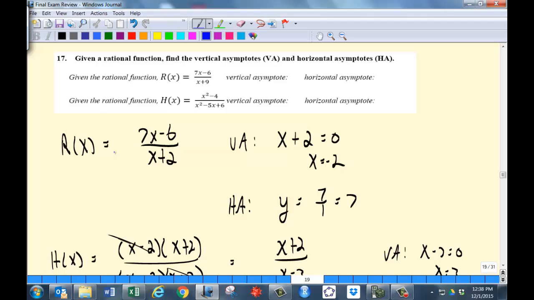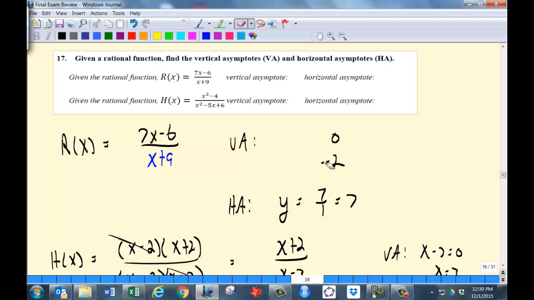Okay. So here we have asymptotes. So vertical asymptote and horizontal asymptote. Okay. So here we have the function r. And looks like, let's get rid of 7x minus 6, x plus 2, that's supposed to be x plus 9. x plus 9.